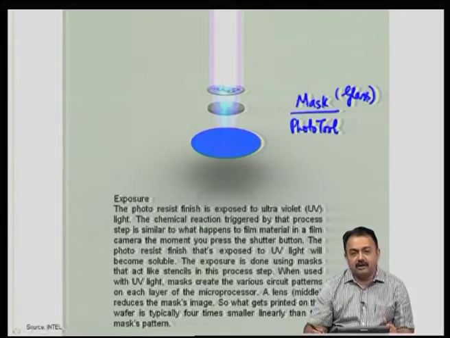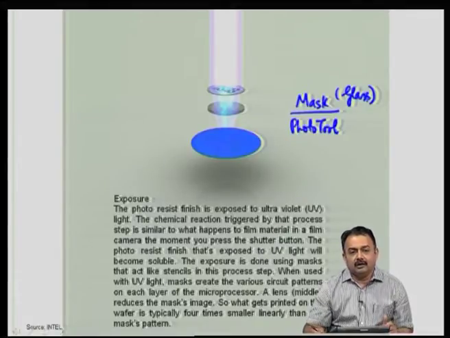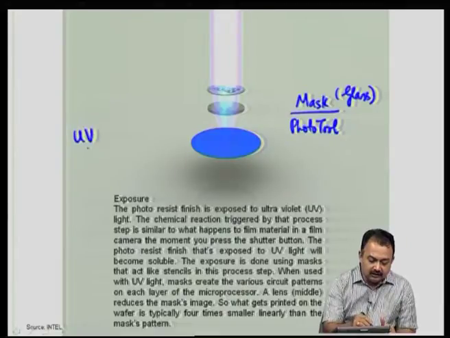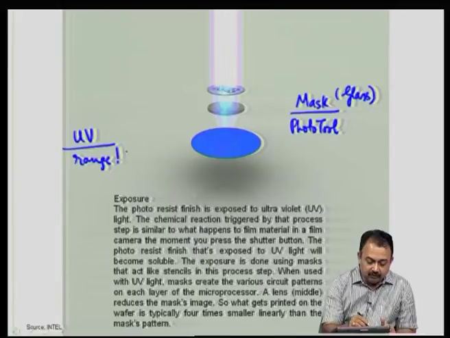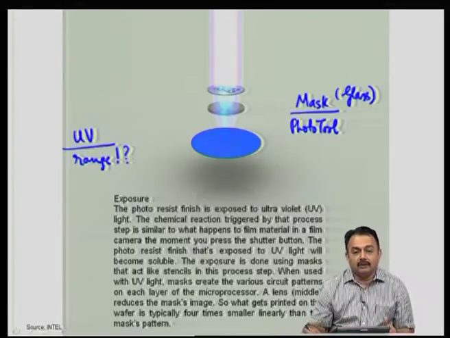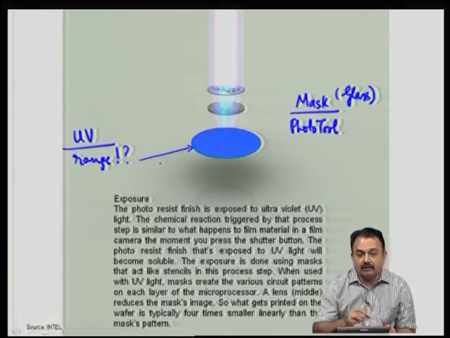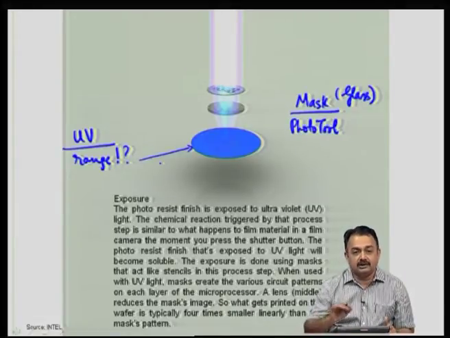Now, there are different equipments for exposure, we are not going to deal with them here. Typically, as I said, you are going to use UV light. Now, we are going to see what range in the spectrum you are going to use. That depends on the material that you are going to use. This is not standard.